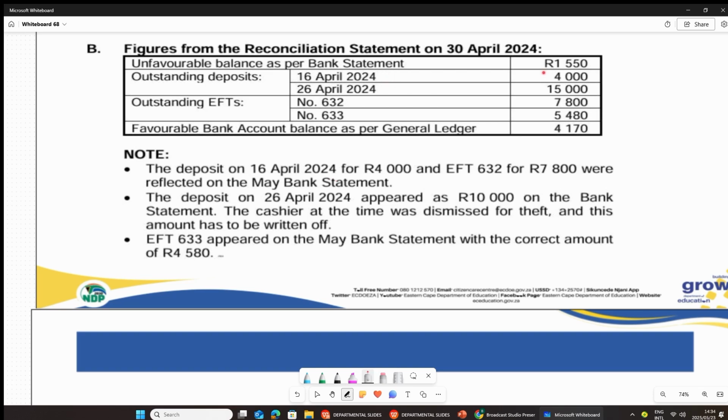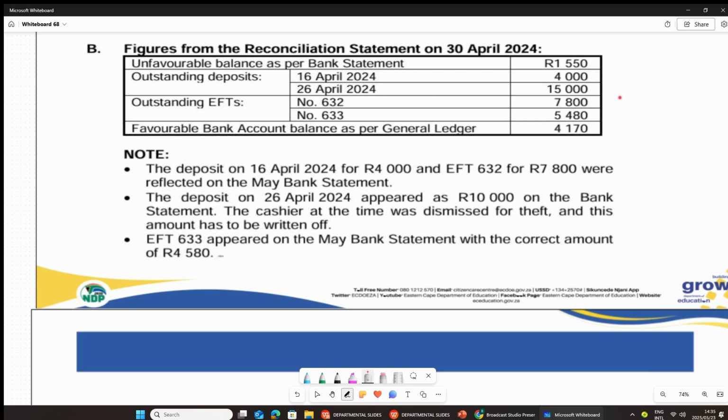The amount is 4,000 rand. They are referring to that one. That deposit of 4,000 rand and the EFT 632, which is the 7,800 rand here, were reflected on the May bank statement. So now these two, you can simply just tick off. Why? Because they are no longer outstanding.